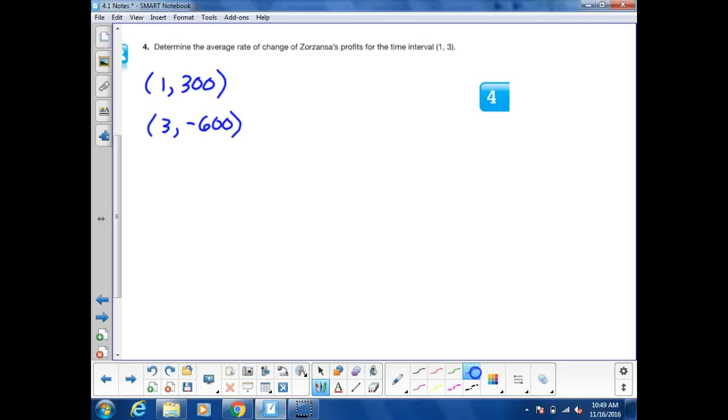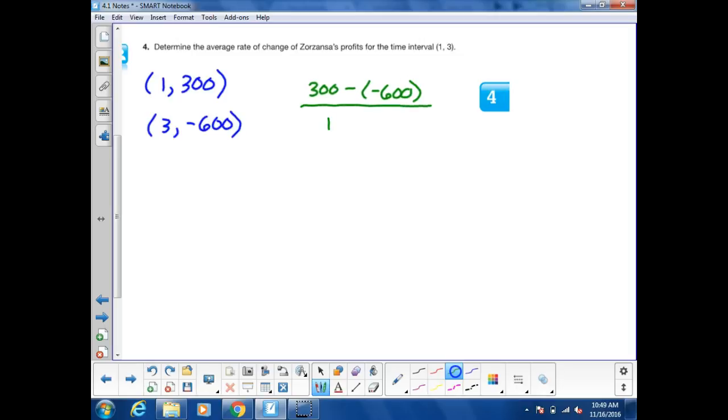Now, the nice thing, just the same with slope, when we were doing between points, that slope is never going to change. If I start on the left point and end at the right point, or if I start at the right point and end at the left point, it doesn't matter which one of those you go first, as long as you remain consistent with your points on top and bottom.